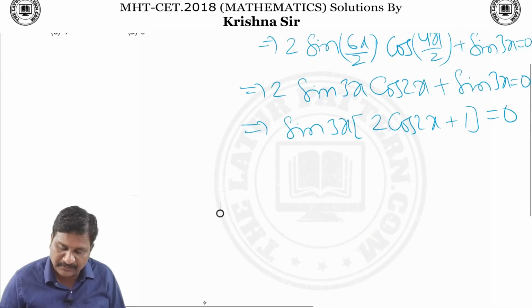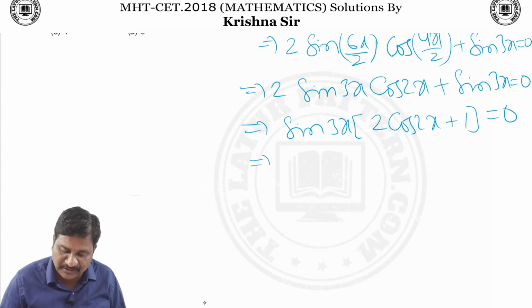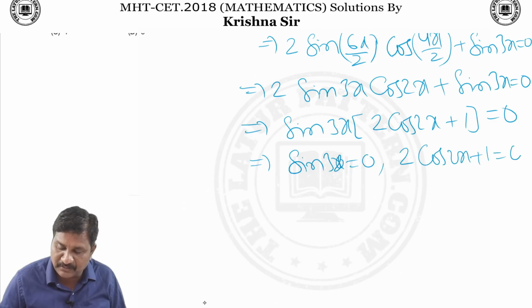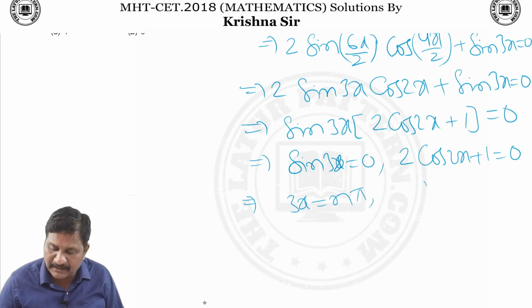Now you know that if the product of the functions is equal to 0, then sin 3x is equal to 0. Similarly 2 cos 2x plus 1 is equal to 0. Sin theta is equal to 0, then theta is equal to n pi as the general solution, and here cos 2x is equal to minus 1 by 2.